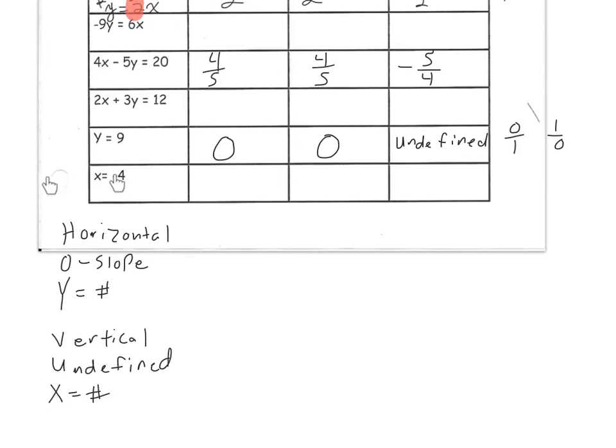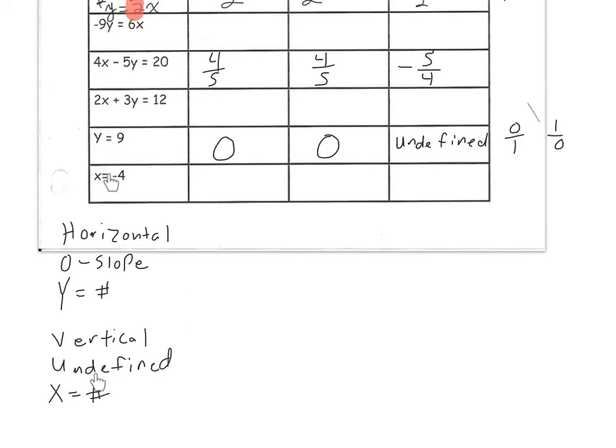So, this next one is x equals a number. And I'm going to go through this one, even though you could probably figure it out. If you have, go for it. If you haven't, pay attention. So we got x equals a number for our equation. So we're going to have a vertical line here, which means our slope is undefined.